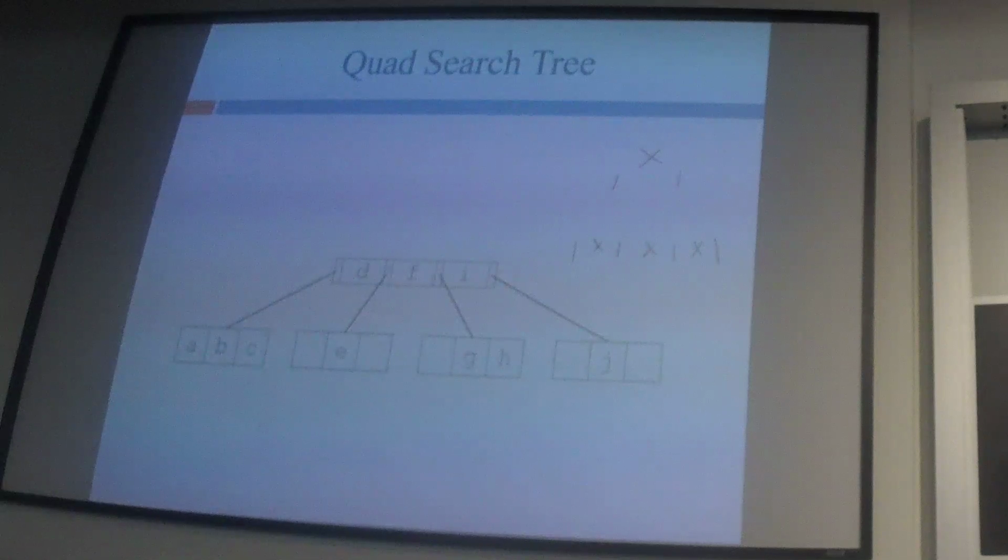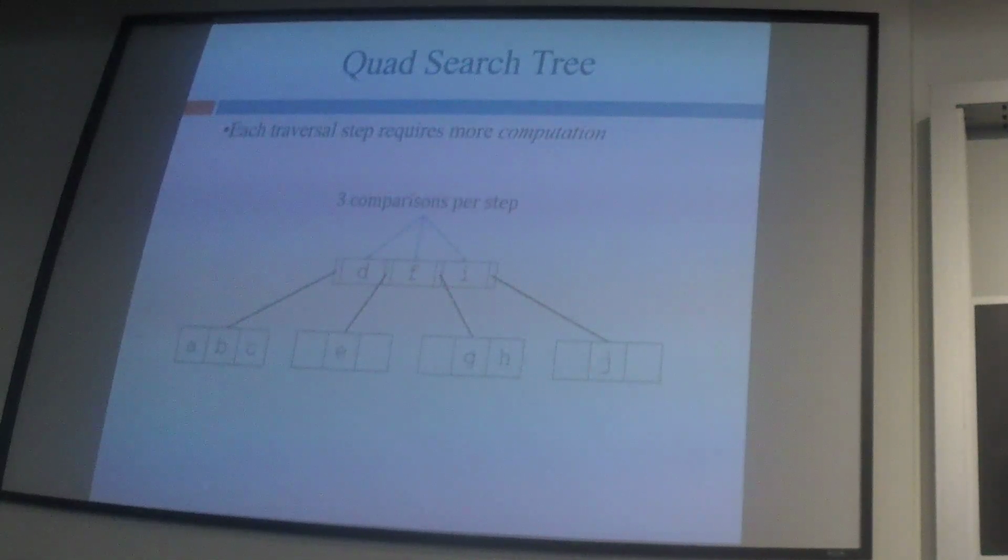So this is the same tree, same keys, but built into a quad search tree instead of a binary search tree. We still have 3 keys per page, but now look at the page organization. One node fills up exactly 1 page. So we don't have any kind of weird page arrangement to worry about. If you load a node, that's equivalent to loading a page.